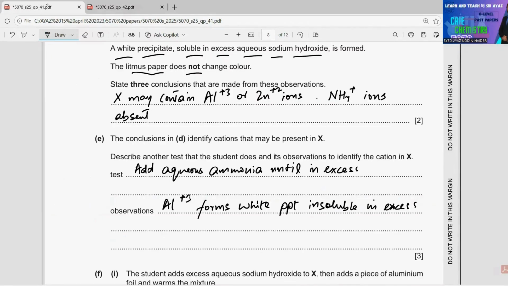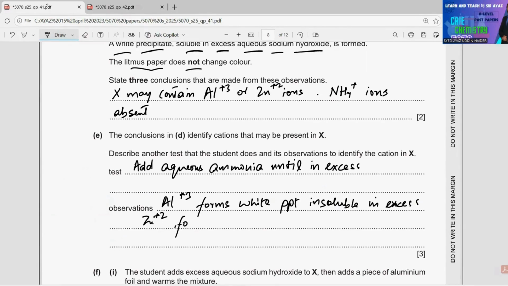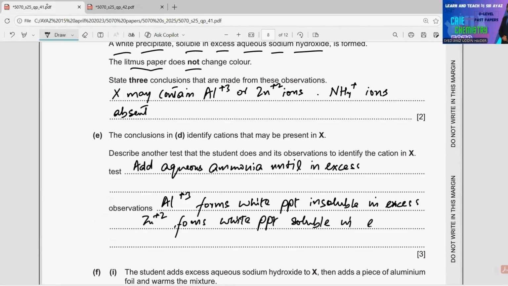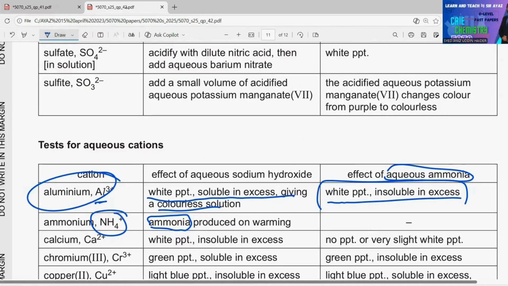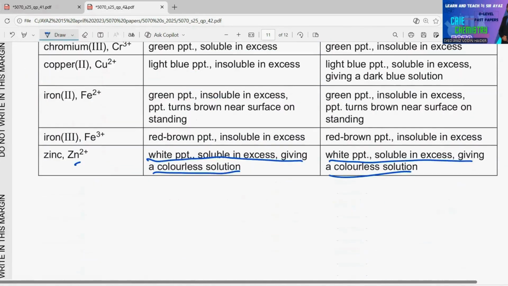For Zn2+, it also forms a white precipitate. The only point is that it's soluble in excess. Again, I'm going to show it to you. Look at this. It's soluble in excess.